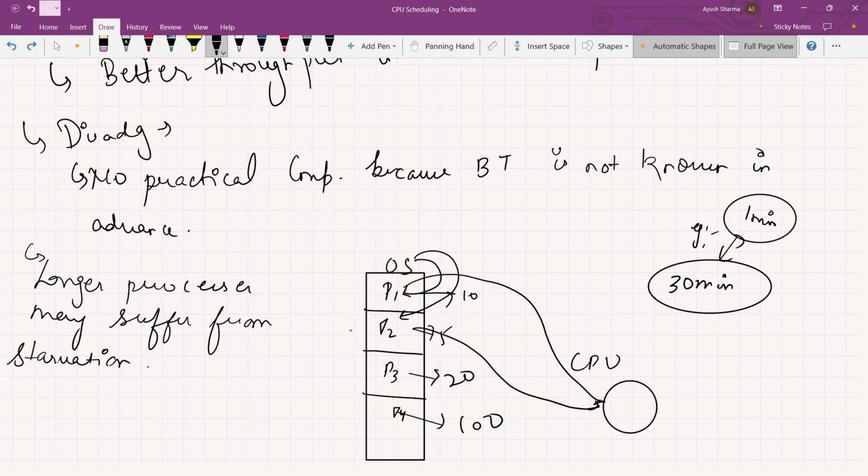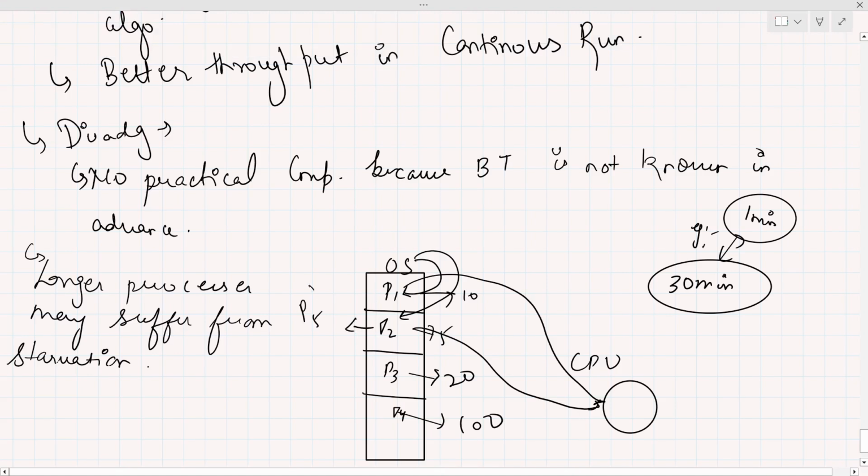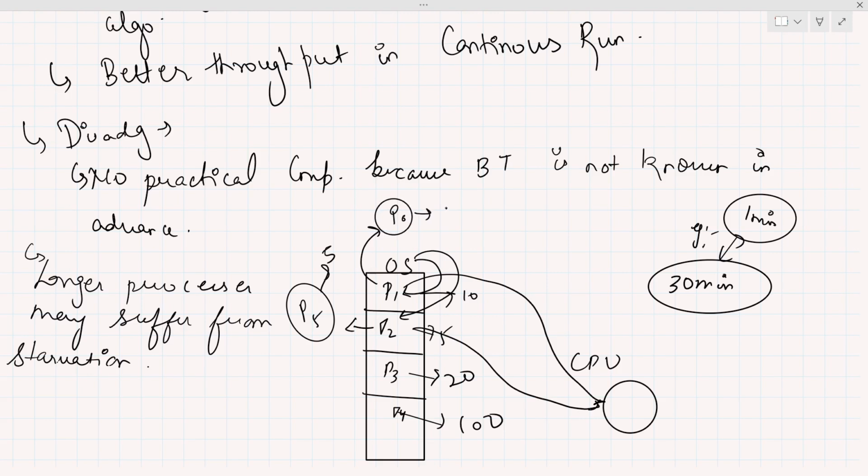After completion of P2, a process P5 comes, whose burst time is also 5. After the completion of P1, a process P6 comes, whose burst time is 2. So after completion of P1, P6 will get the CPU, after that P5, after that P3.